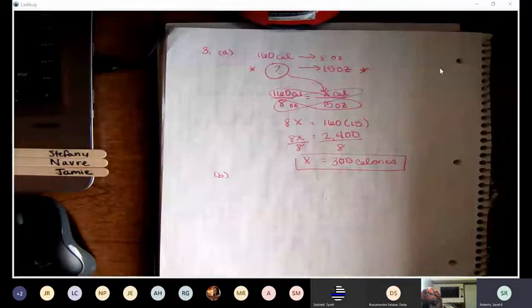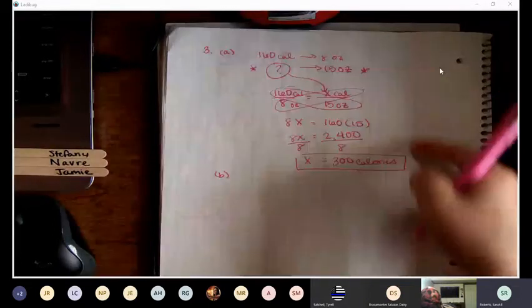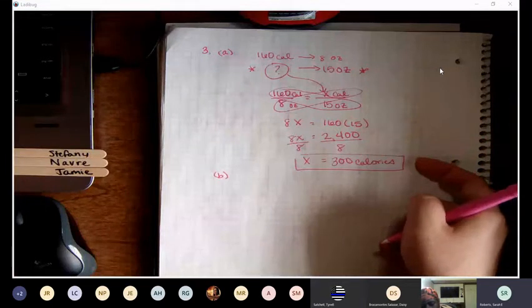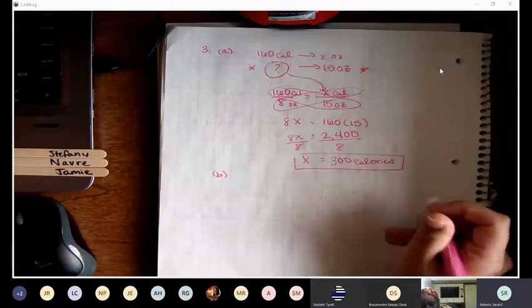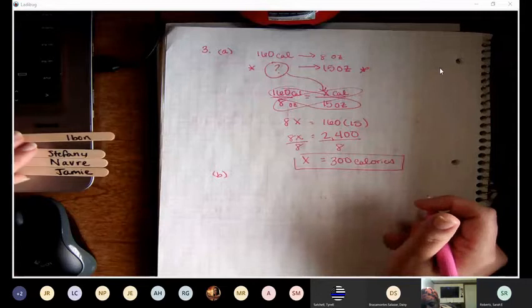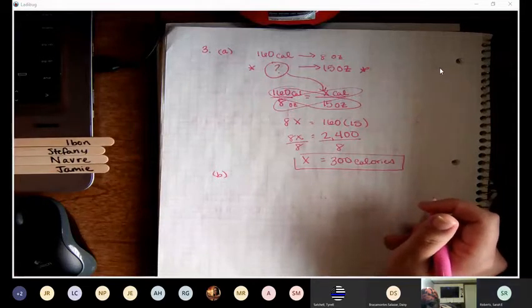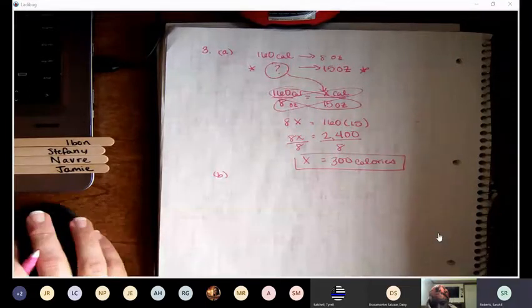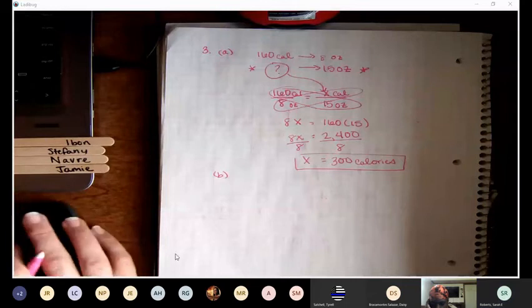All right, so let's move on to part B. It says how many calories are in each ounce of milk. So now when we do it this way, we haven't figured out how many calories are in 1 ounce of milk. So we have extra work to do. So what did we do on the first page that we're going to have to do here, Yvonne? Are you there?